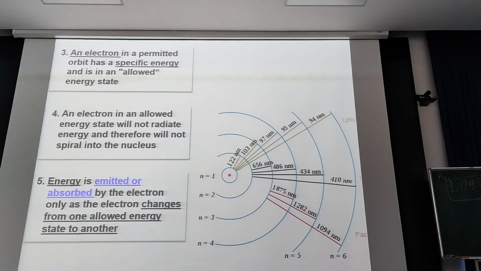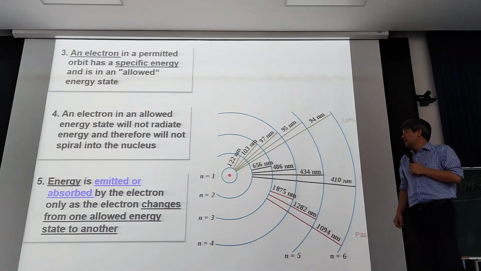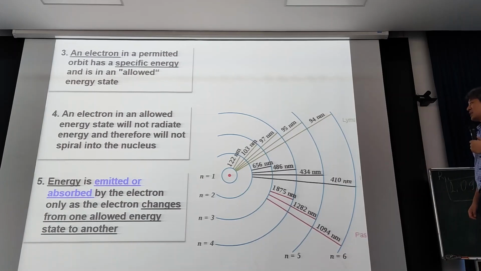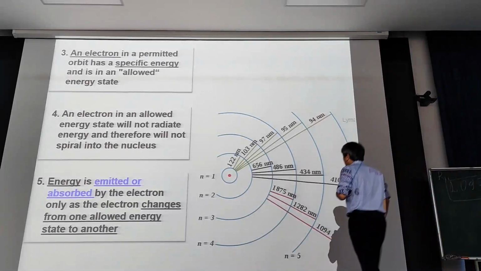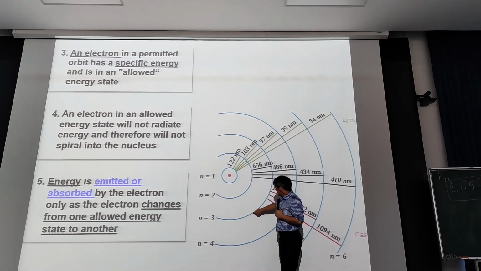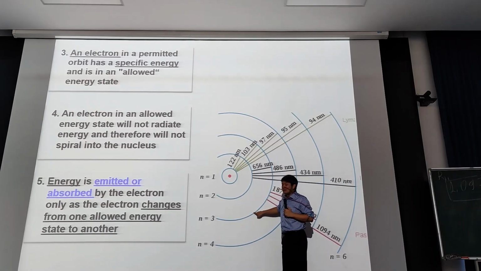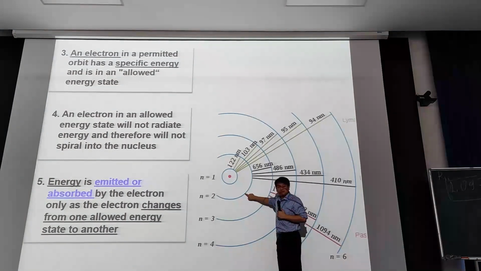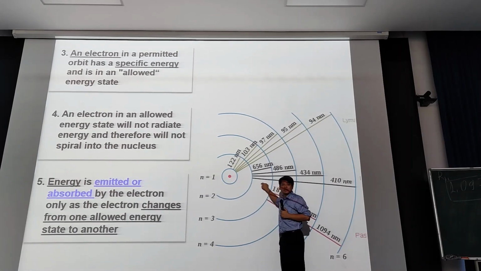Number 5. Energy is emitted or absorbed by the electron only as the electron changes from one allowed state to another. Let's say, imagine that if you have an electron here, at this allowed energy state, moving to this also allowed, from higher energy to lower energy, it will emit energy.